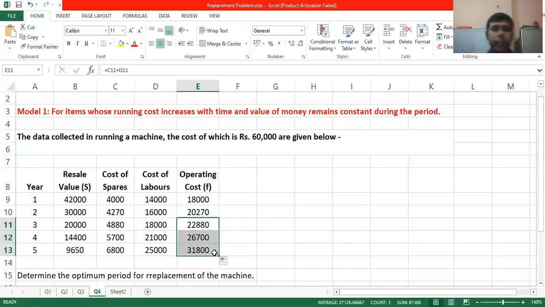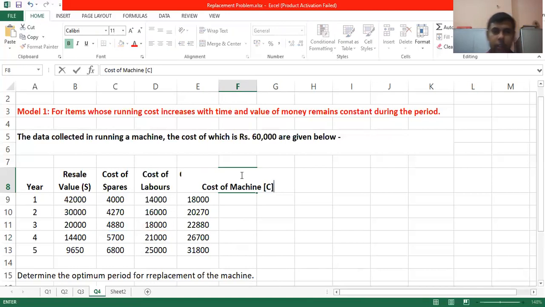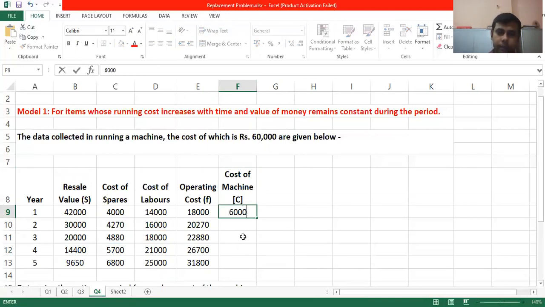So this is our operating cost. So we have got our resale value, we have our operating cost. The third which we require is cost of machine. This is capital C, right? So this is our cost of machine, and it is given that cost of machine is 60,000.